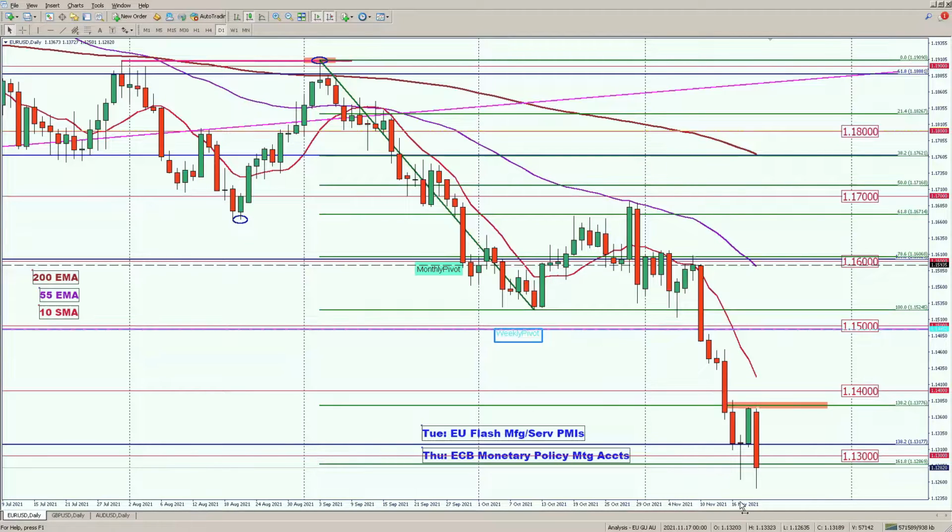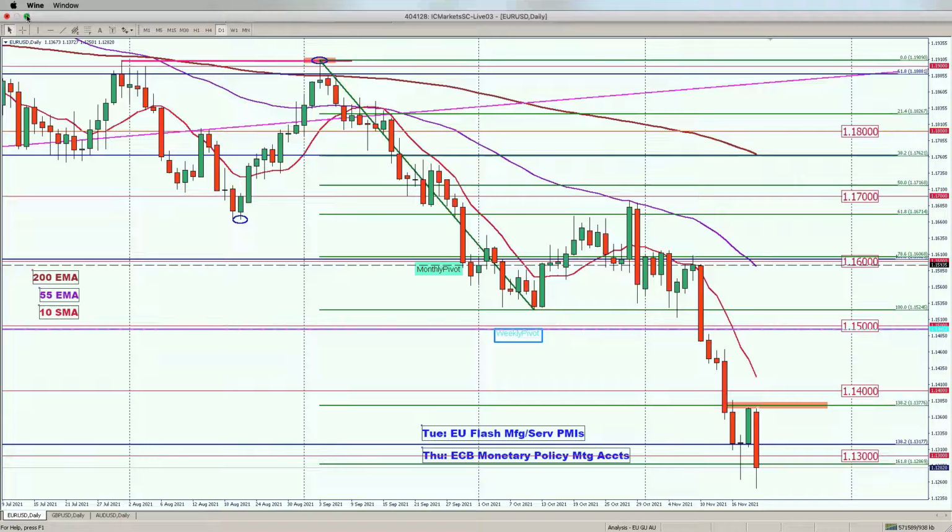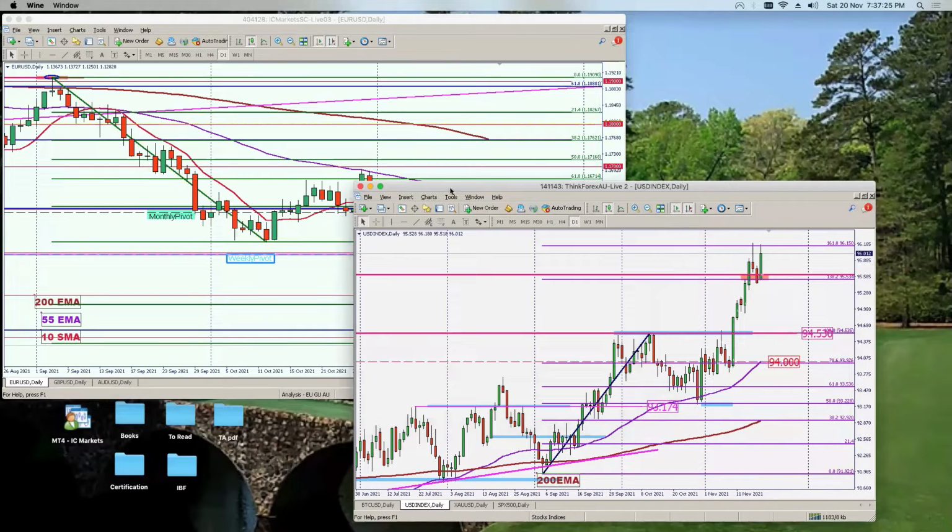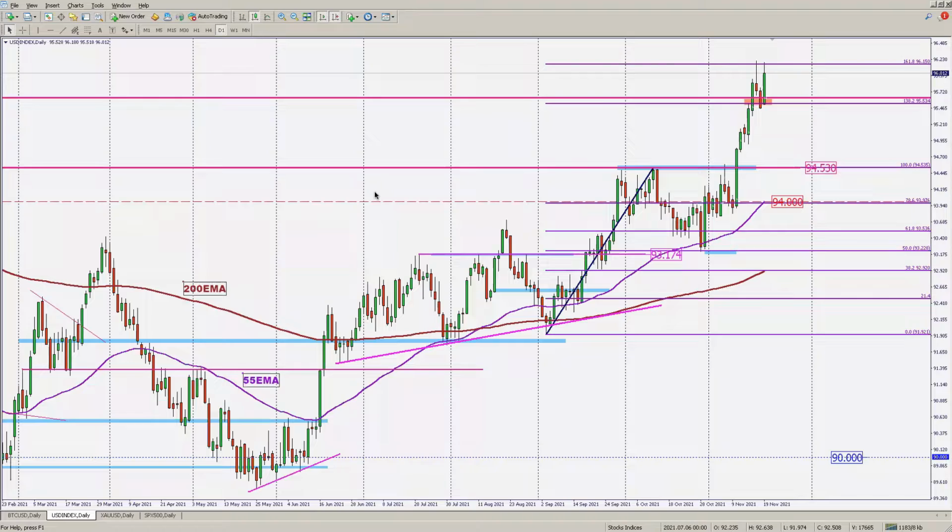All right, so which means with such weakness from the euro, there should be a strong move on the US dollar index, which it has. It has broken through the resistance zone of the 138 fib and reached the 162 fib extension at 96.16 and tested it twice.